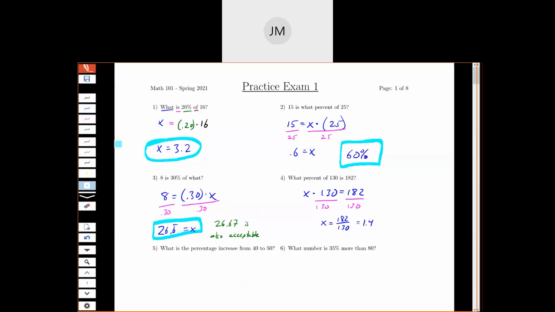Okay, so we get 1.4. It said what percent, so I want to convert that to a percentage. So I move the decimal twice, so that's 140%. Okay.